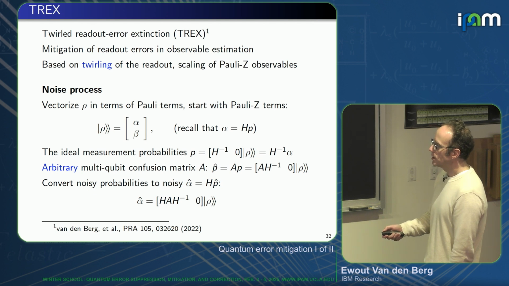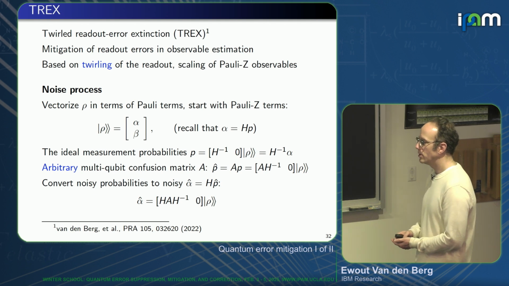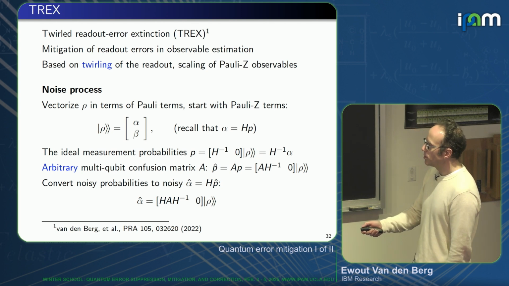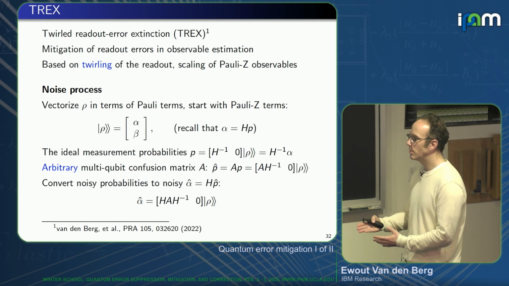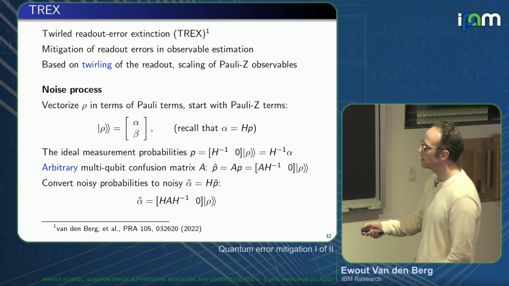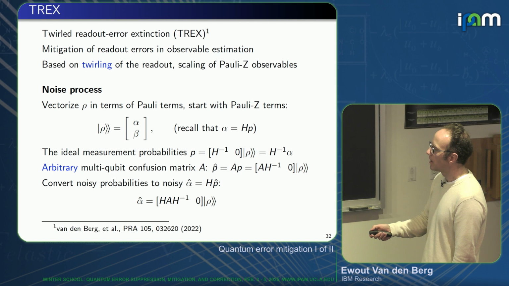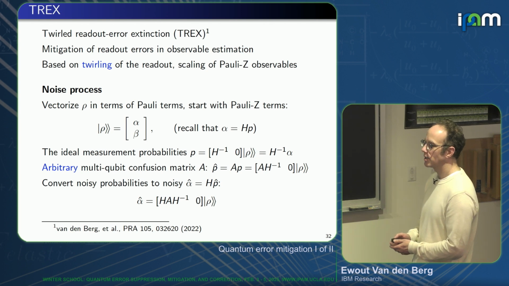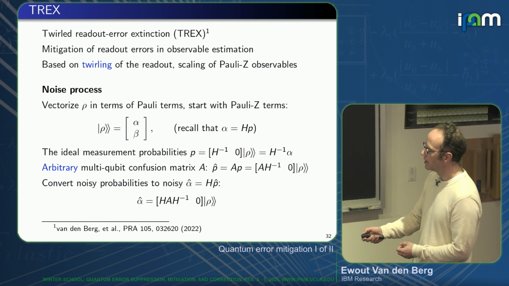Then we had some arbitrary multi-qubit confusion matrix A, which we don't need to know. But applying this would get you the actual measurement distribution after readout errors. So that's P hat here. And then we convert these noisy probabilities back to the Pauli Z components by just applying the Hadamard, because we had the Hadamard and the coefficients relation here.